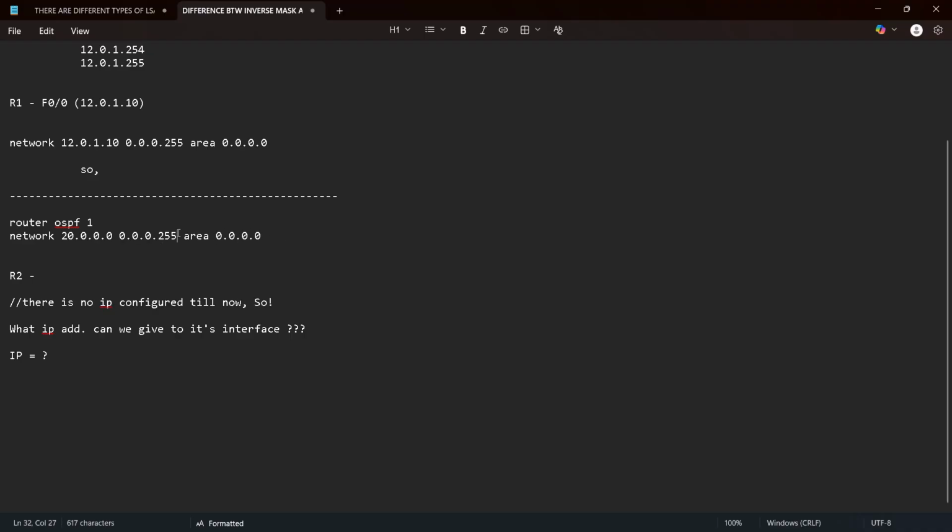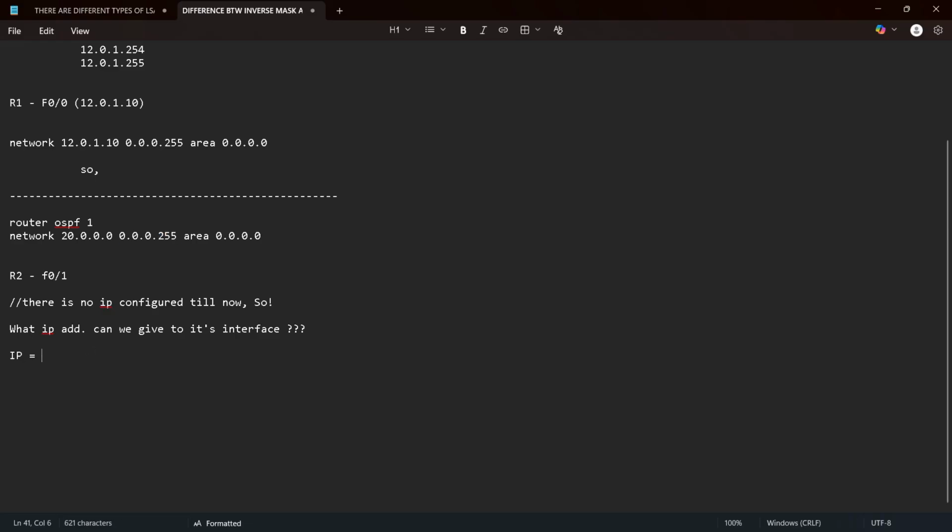Now if you look at this inverse mask, tell me what IP address we can configure on, let's suppose, FastEthernet 0/1, as there is no IP address configured till now. So what IP address can we give to this interface by virtue of this inverse mask?